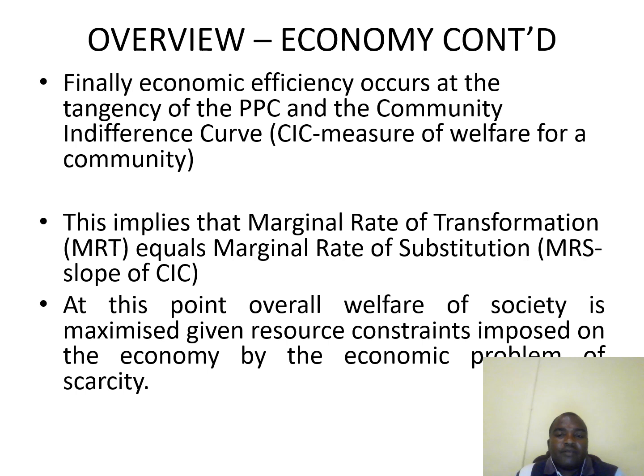At the point of tangency of the two curves, one curve, the CIC, is convex and the PPC, the normal PPC, is concave, where they are touching each other or they've got a tangent. It means the MRT, the slope of the PPC, is equal to the MRS, the slope of the community indifference curve.